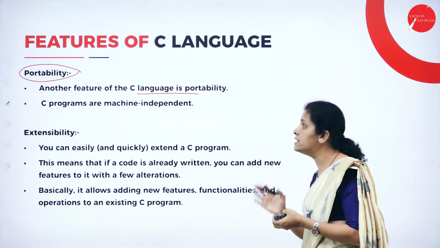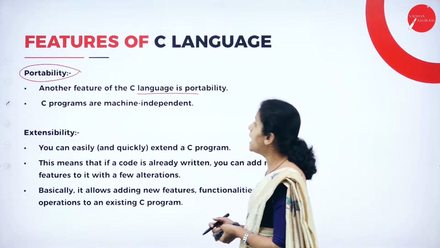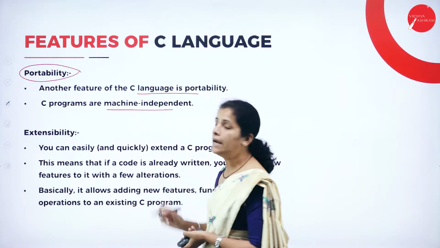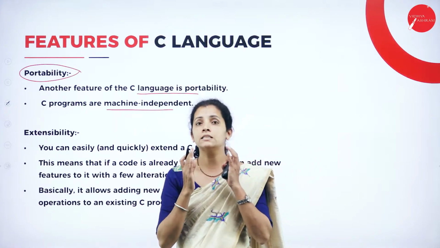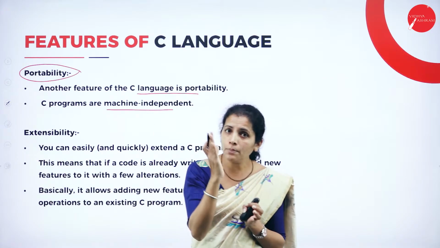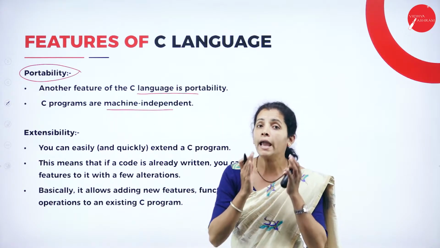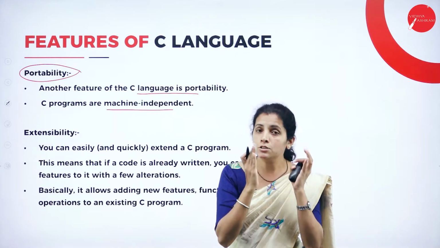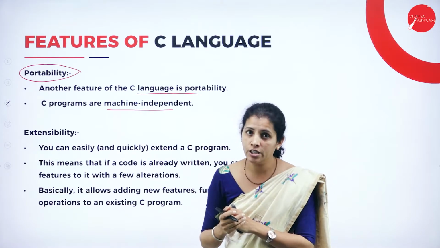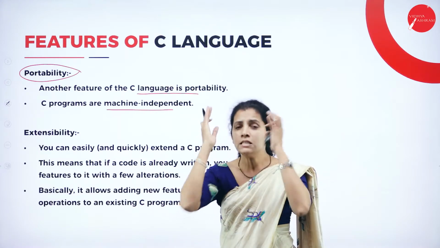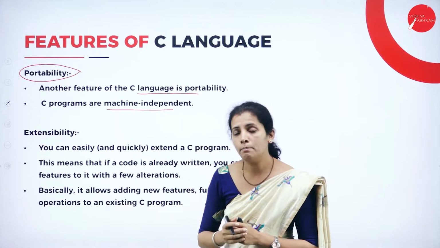And this nature itself is called portability as well as machine independence. That means whatever program I write for any machine does not depend on that machine. I can run the same program on another machine.